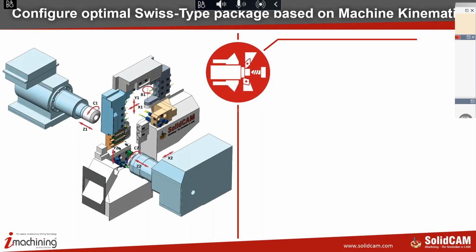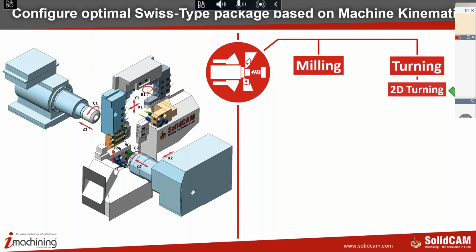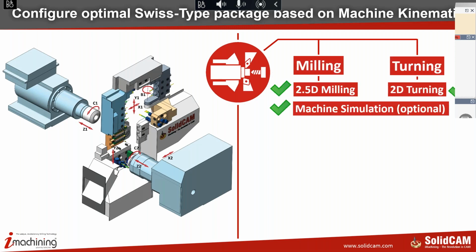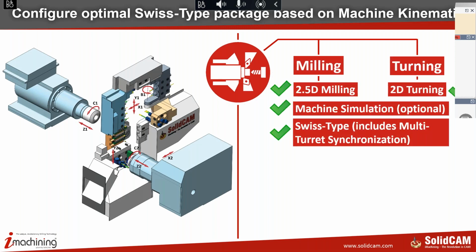And last but not least, one of the very few questions that I actually get in the support channel is: what are the minimum modules that I need for running this Swiss type? So on the left side, I just put the machine that you have already seen before.